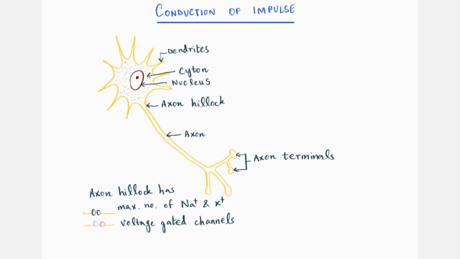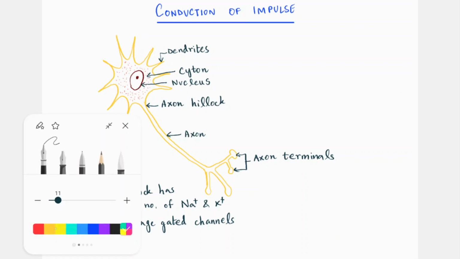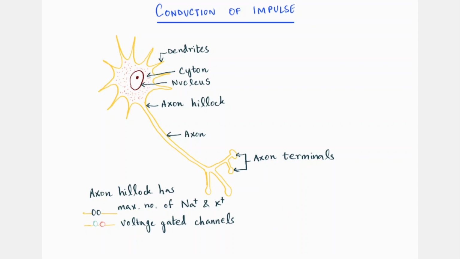Let's see what we've got going on here. This is a part of the axon, and I'll just do it below this diagram. Let's just say that this is the axon hillock.